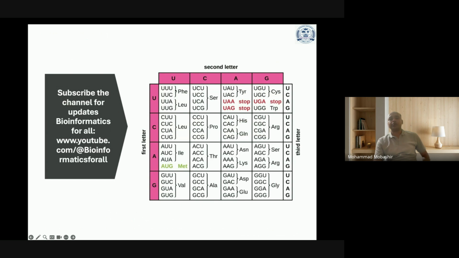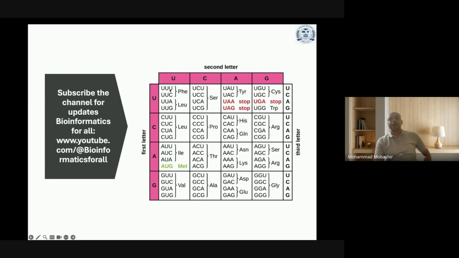So these are basically coding for different amino acids. And in one direction you can see the base U and then C, A, and G. Here again, U, C, A, and G, and then here U, C, A, and G.